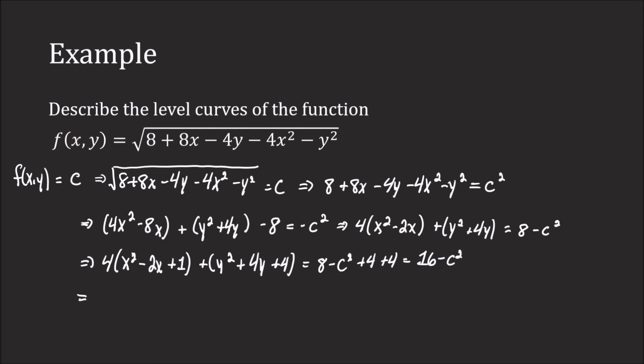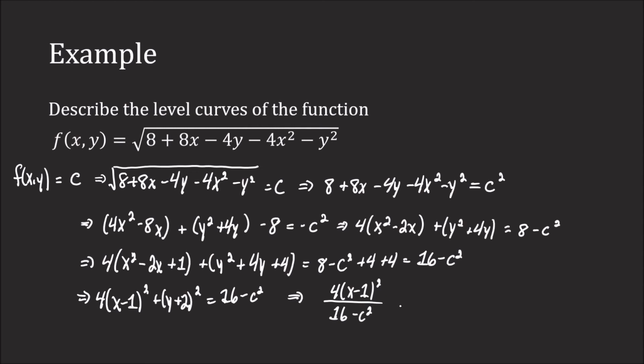Now this will give us 4 times the quantity x minus 1 squared plus the quantity of y plus 2 squared is equal to 16 minus c squared. And so we have 4 times the quantity of x minus 1 squared over 16 minus c squared plus the quantity of y plus 2 squared over 16 minus c squared is equal to 1.